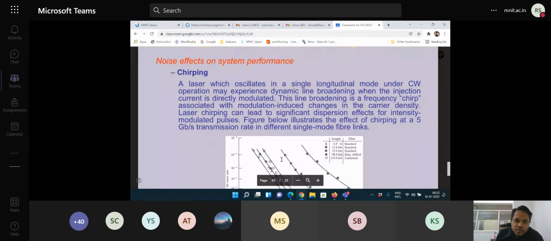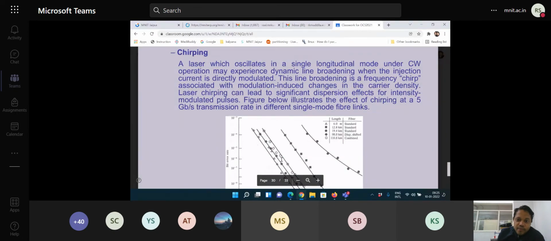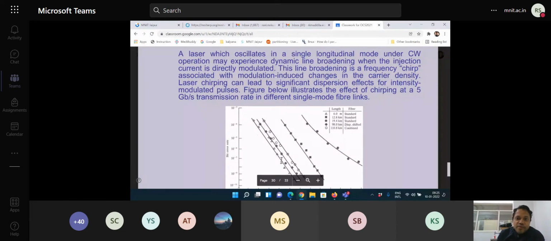For digital transmission systems, chirping is the phenomenon where you have line broadening. Line broadening refers to wavelength broadening in the case of a directly modulated laser.